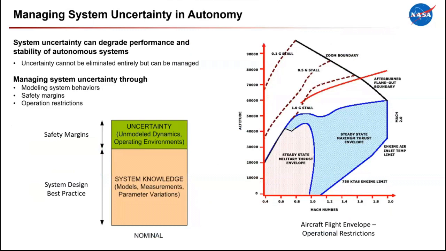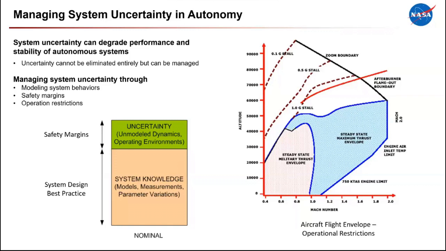Just to motivate this topic, we want to talk about system uncertainty and why it is important to consider it in aerospace vehicle operation and design. All autonomous systems are subject to uncertainty because there is no physical system that has zero uncertainty.